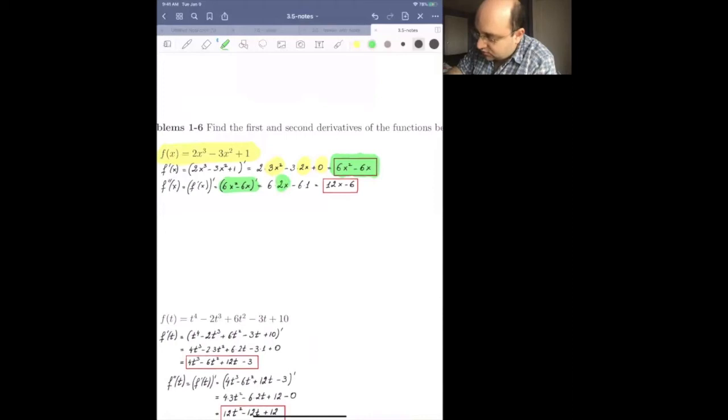If we simplify, that becomes 12x minus 6. In all these cases, I'm mainly using the power rule, which, if you remember, says that the derivative of x to the n is equal to n times x to the n minus 1, okay?